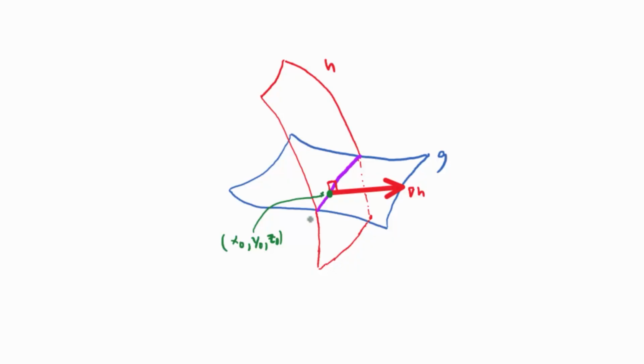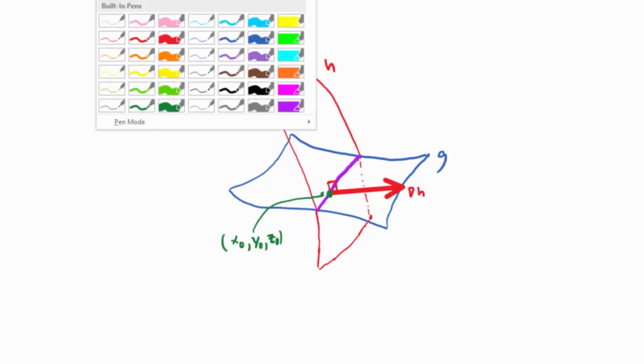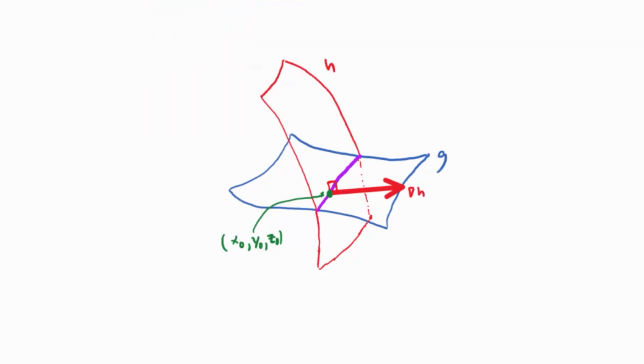And then likewise, del G, which I'll draw with the thick blue color, del G should be normal to the surface G. So that would look maybe like that. Well, wait a minute. Maybe more like that. So if a contour of G looks something like this, then we've got a right angle here.